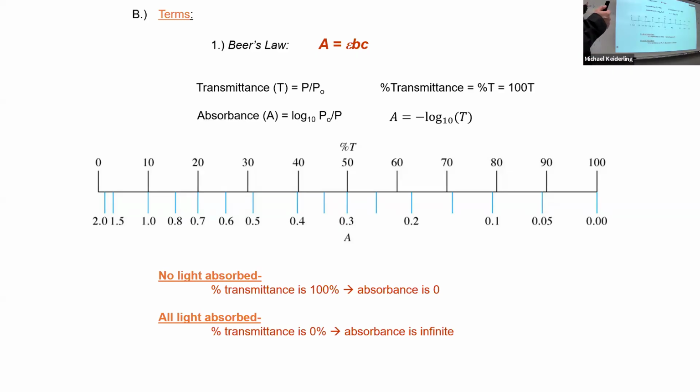I'm not going to give you an absorbance of 3, it's outside of the healthy range. Generally, your healthy range for absorbance is up to about 1-ish, because 1 is about 10% transmittance. An absorbance of 0.1 is around 80% transmittance.